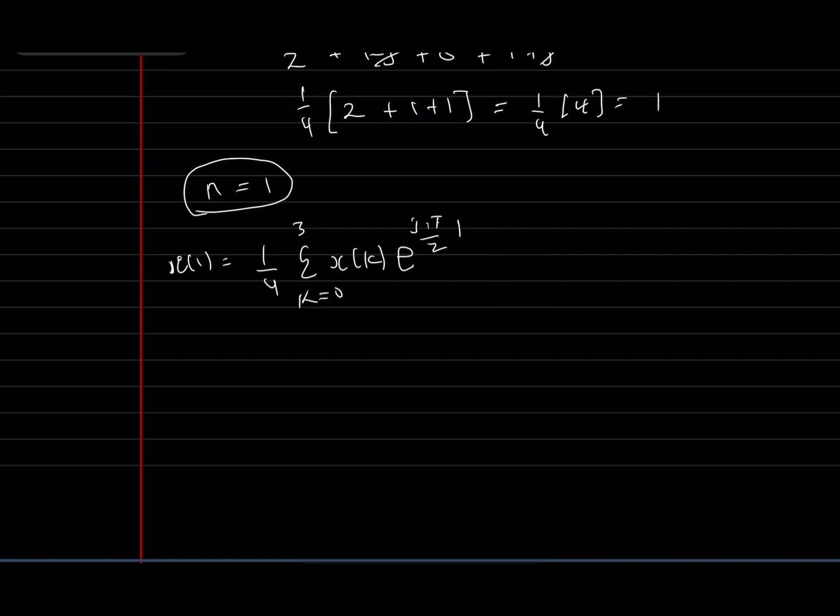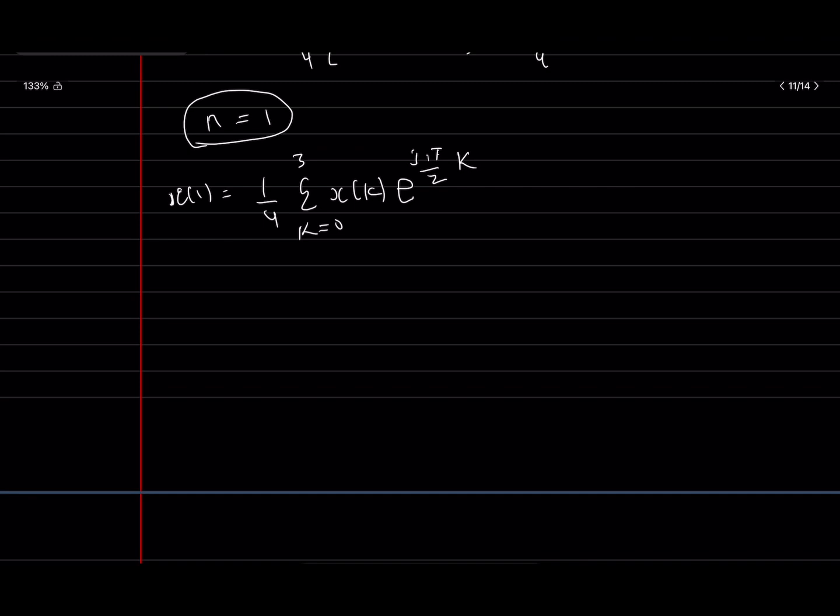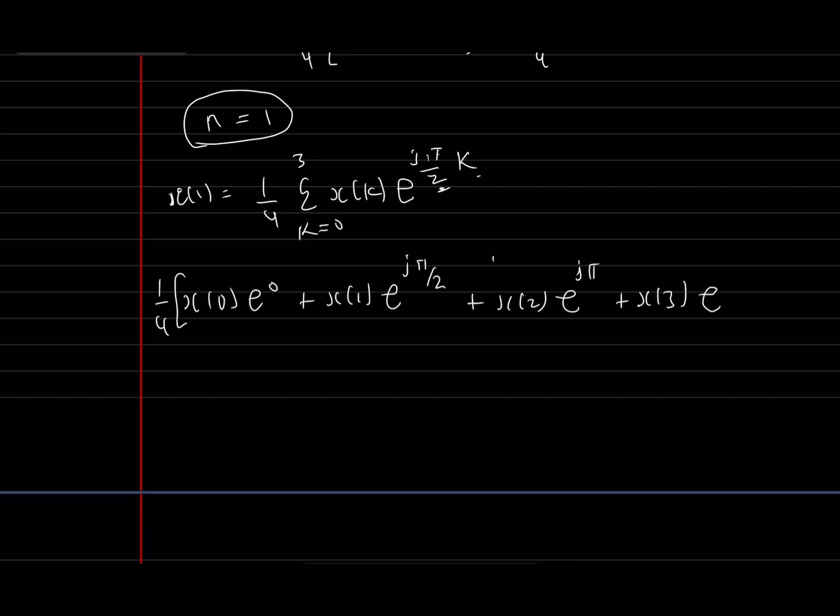For k equal to 0, 1, 2, 3, we are going to get X of 0. For k equal to 0, we are going to get exponent 0. Don't forget it's 1 over 4 for the whole thing, plus X of 1. For k equal to 1, we are going to get j pi on 2, and then plus X of 2. For k equal to 2 it is j pi multiplied by 2 over 2, of which the 2 will cancel out, so we are going to get j pi, and then plus X of 3, for which we are going to get j 3 pi on 2.